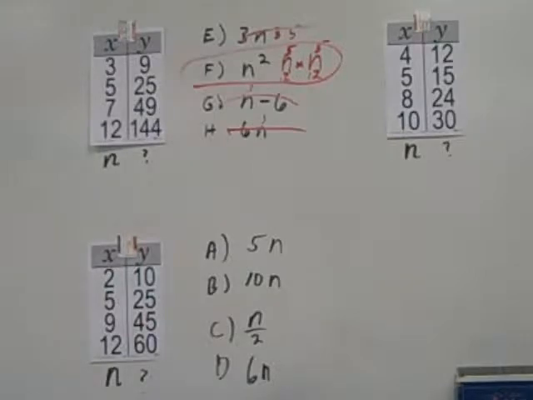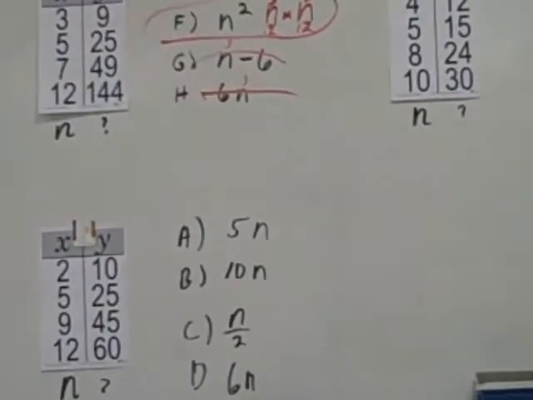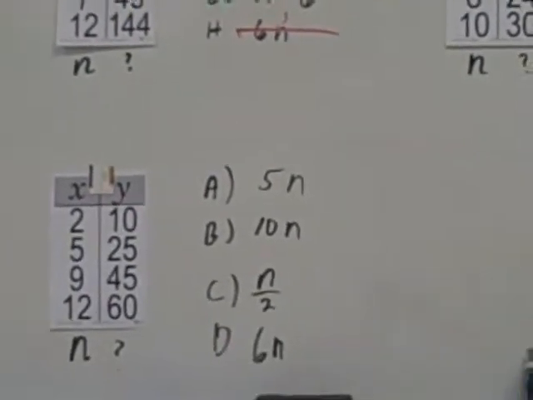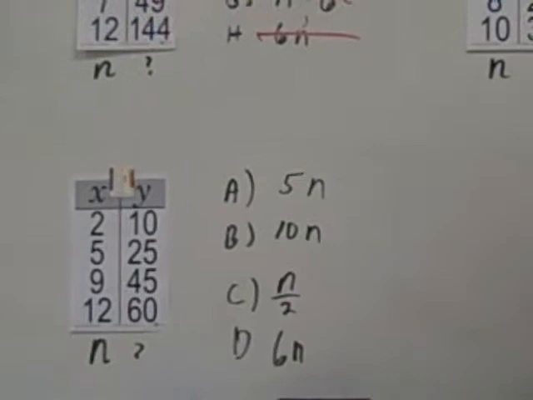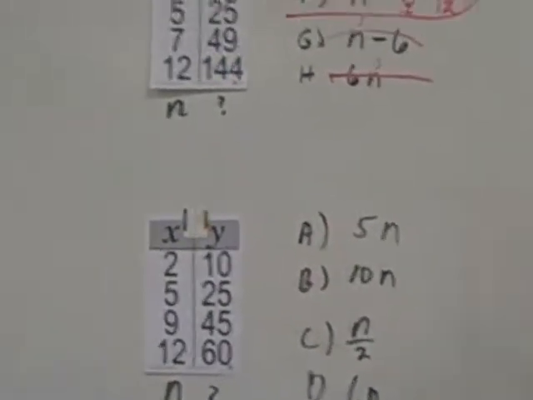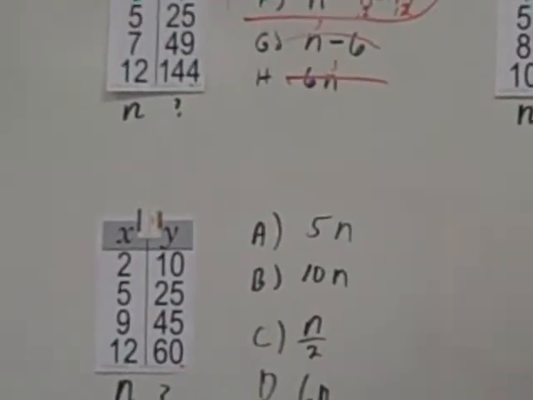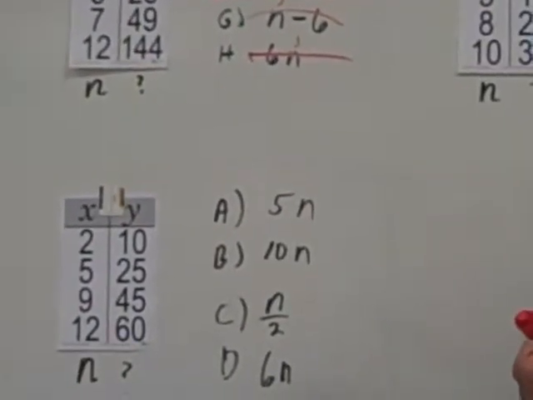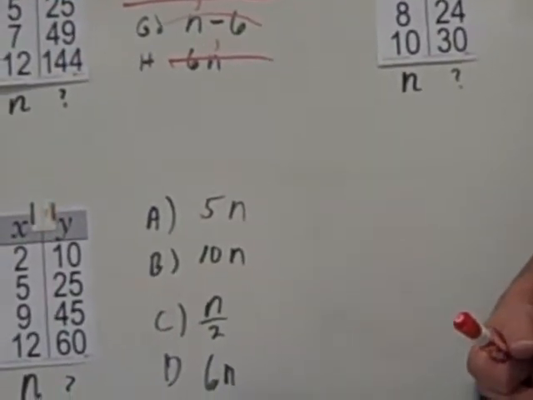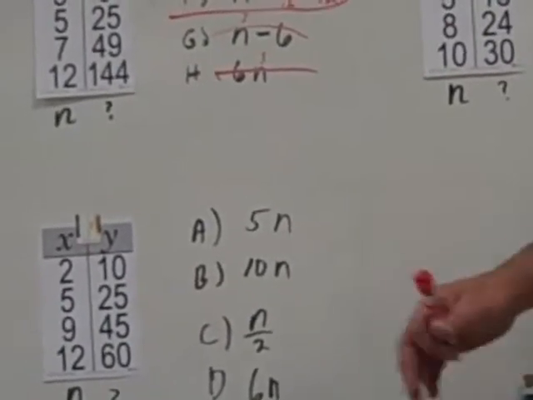What do you think? What do we do? I've been doing this and y'all have been just sitting there, so it's your turn. Where's the 5? Answer choice A, I see it.